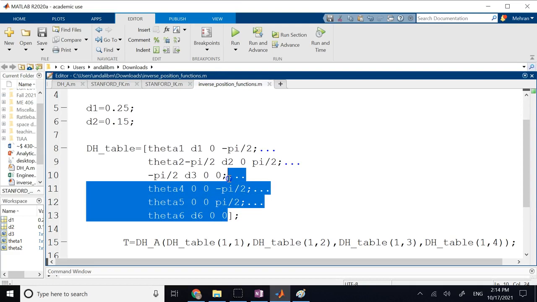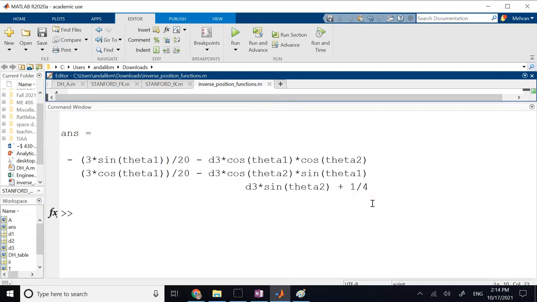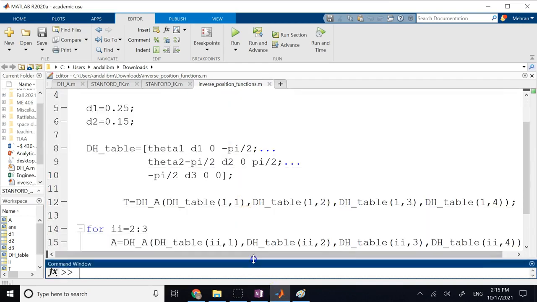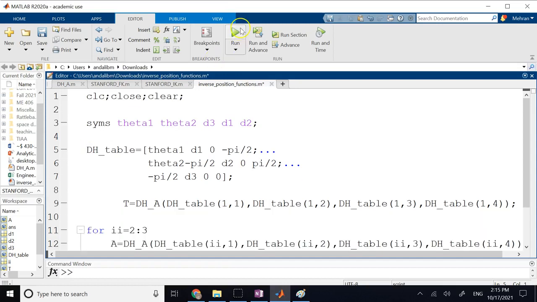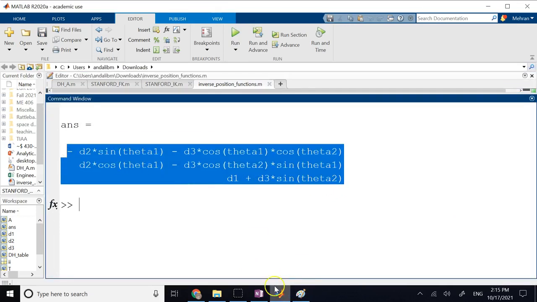That's right. So how about this? There we go. So these are what we have. Or if you want, we can also introduce D1 and D2 symbolically too, and do it again, right? And now here, let me just copy these.